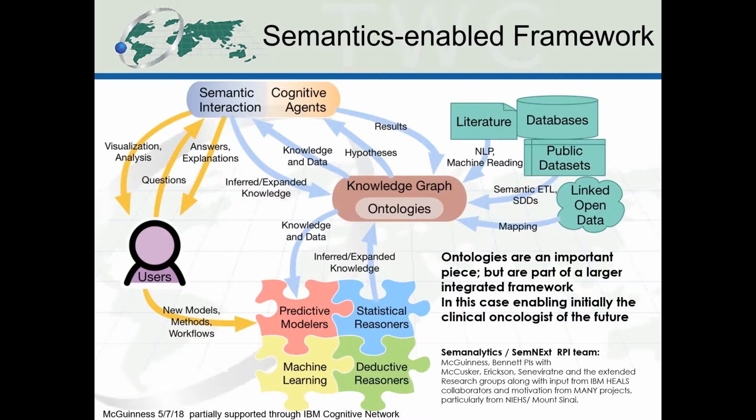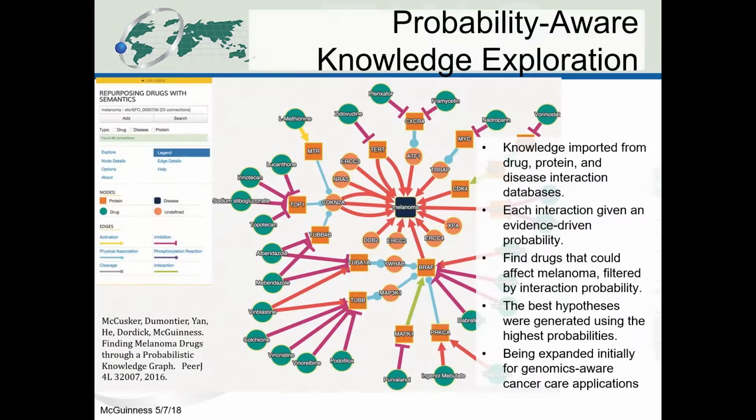And then I've got cognitive agents that make suggestions like you might have this disease, or maybe you should use this treatment plan. And then I'm using a bunch of reasoners that put information into my knowledge graph, keeping track of where all that information came from. And behind the scenes, I've got this probabilistic knowledge graph.